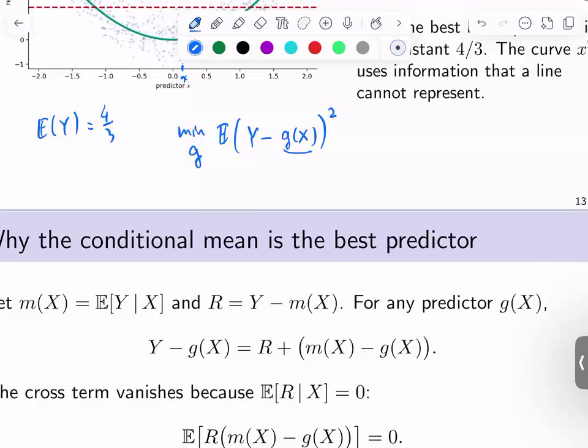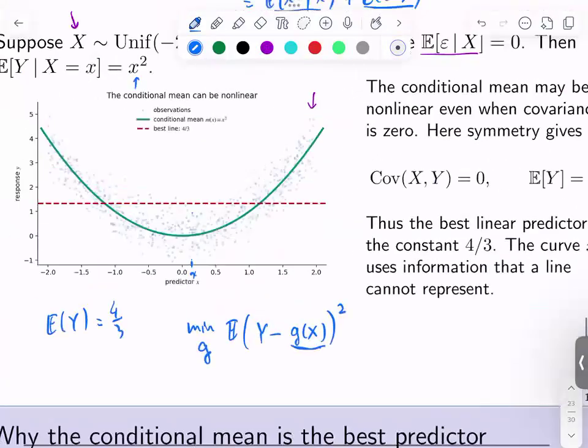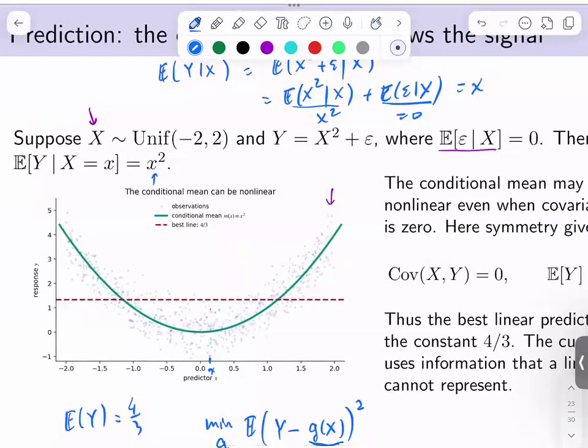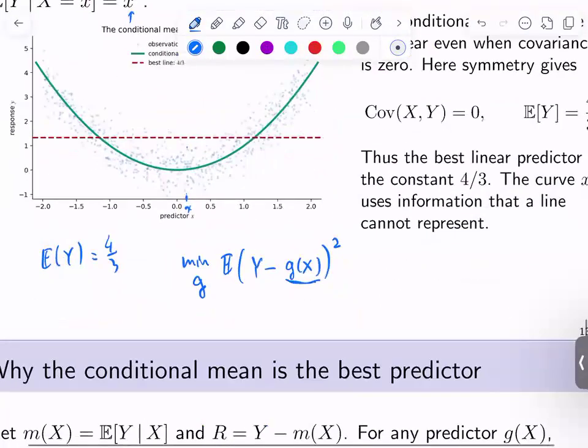I want to find a function whose residual is small. This g is my prediction of Y based on X: if you give me X, g is a deterministic function and I can form a prediction. For example, I can say I'm going to predict Y to be X squared. Then this is the error that I pay on average.